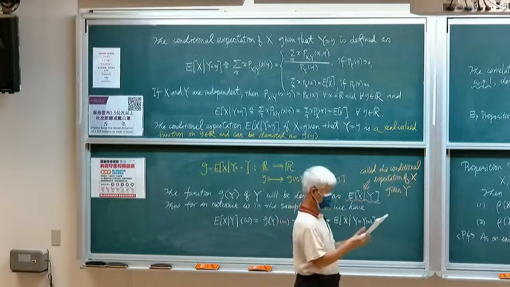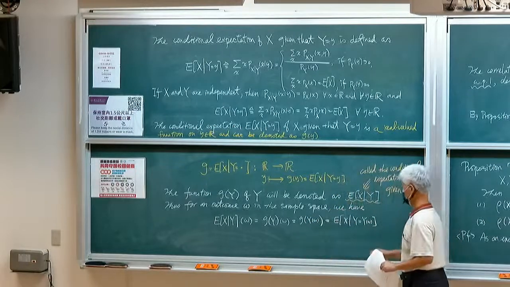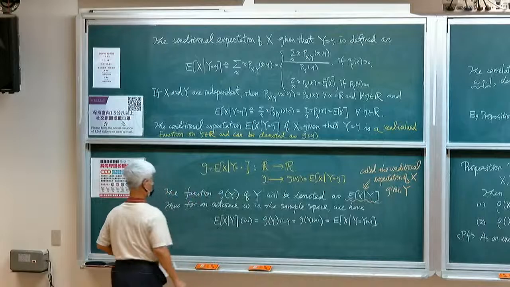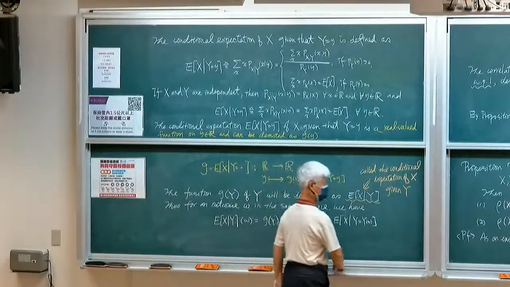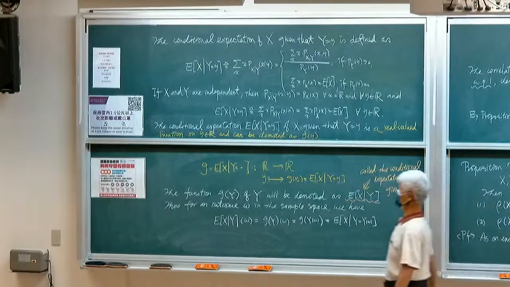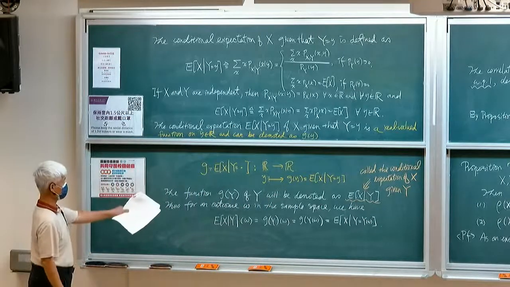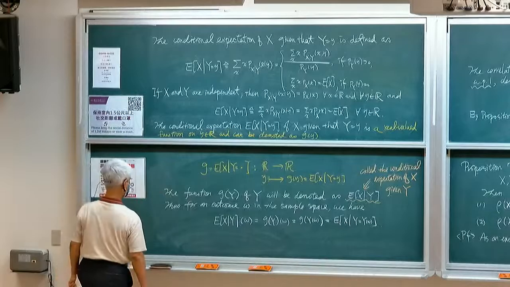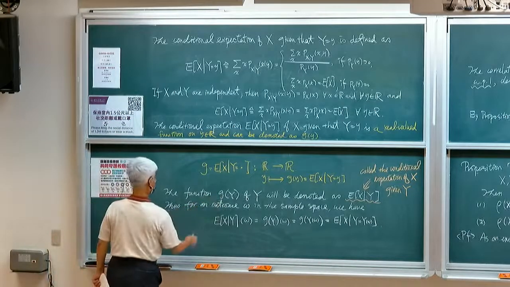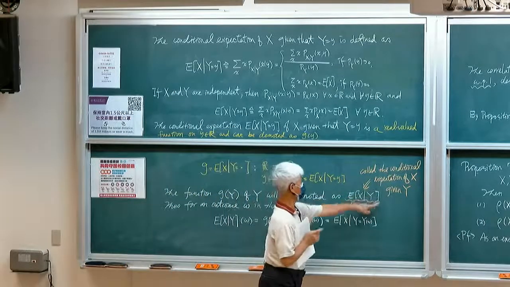Okay, so let's continue our discussion. I have been asked a question, but I think that is a good illustration about Z and g. You know, g of Y, we define g of Y to be this notation.